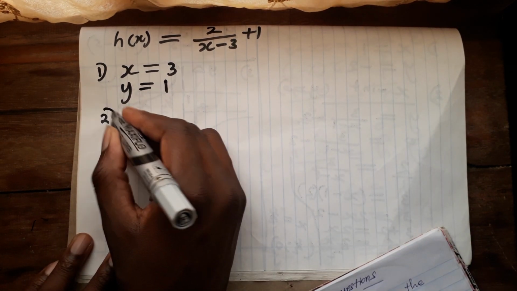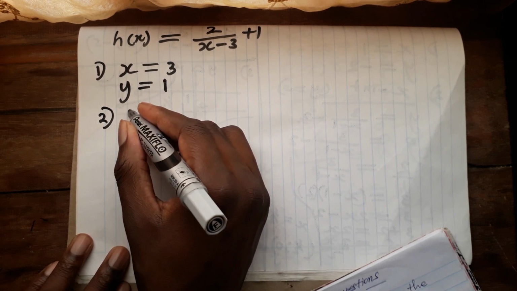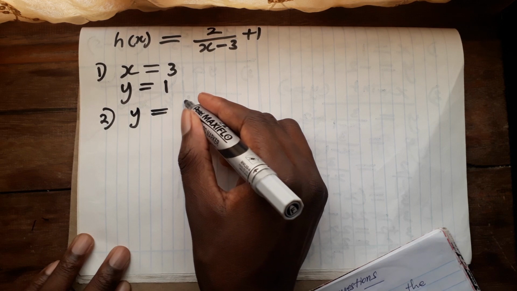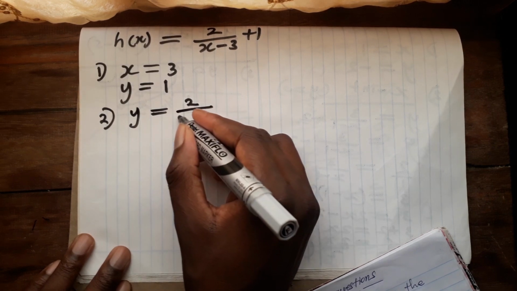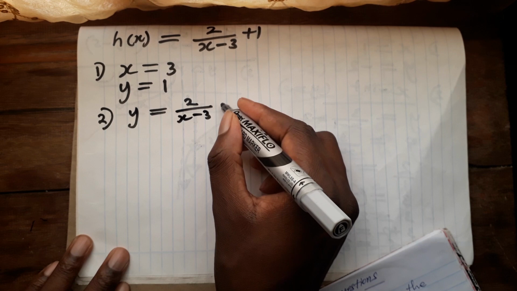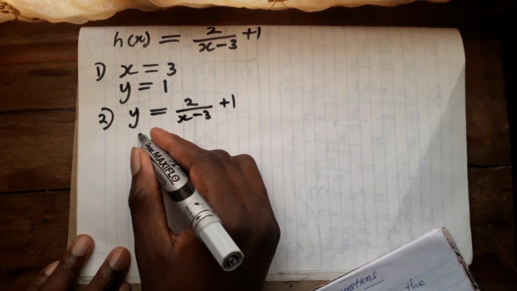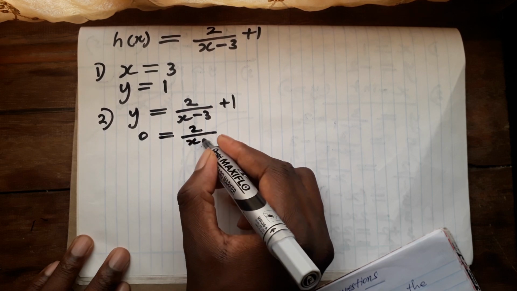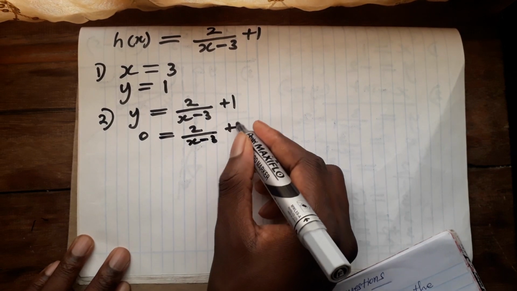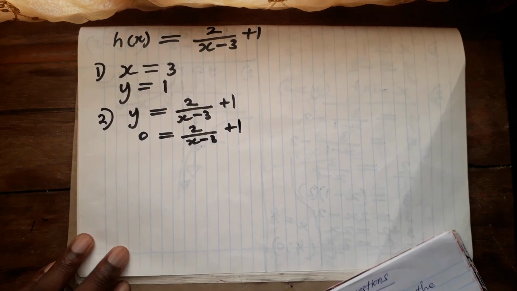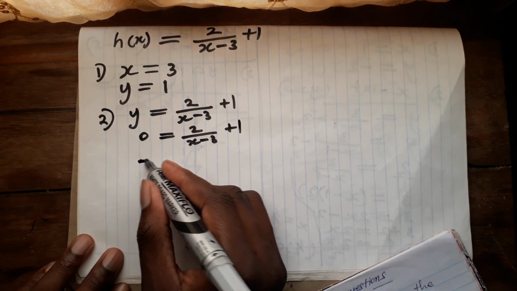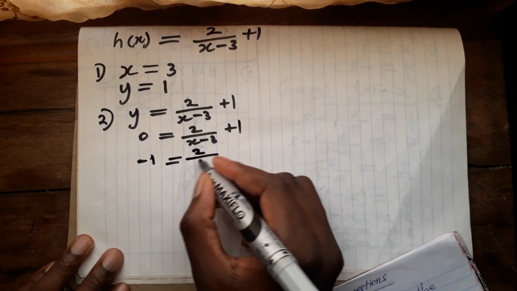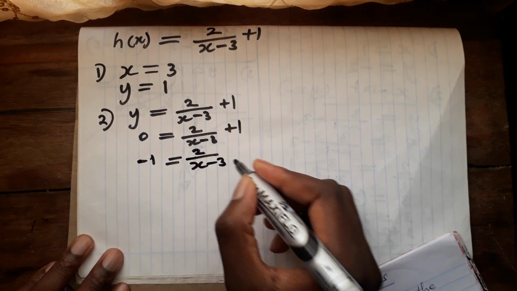And then calculate the x and the y intercepts. This is number 2. For the x-intercept you must let y equal 0. 2 divided by x minus 3 plus 1. Then this is going to be 0 equals 2 divided by x minus 3 plus 1. Then you take 1 to the other side, it's going to be negative 1 equals 2 divided by x minus 3.